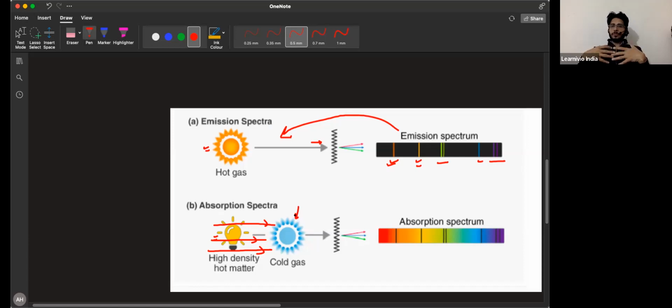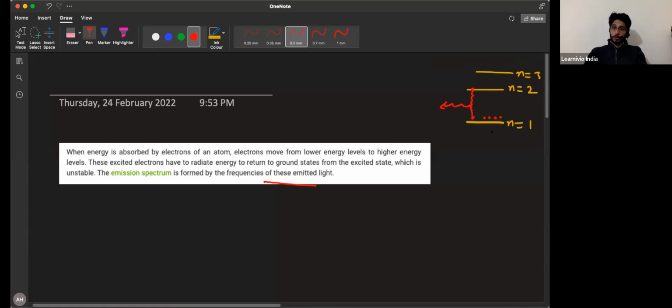When the atom absorbs energy, or you can say the gas absorbs energy, what happens to the electrons? Fatma, what do you think? If you have a gas in which all electrons are in the ground state, and it absorbs some energy, will the electrons remain in the ground state, or jump to excited states?